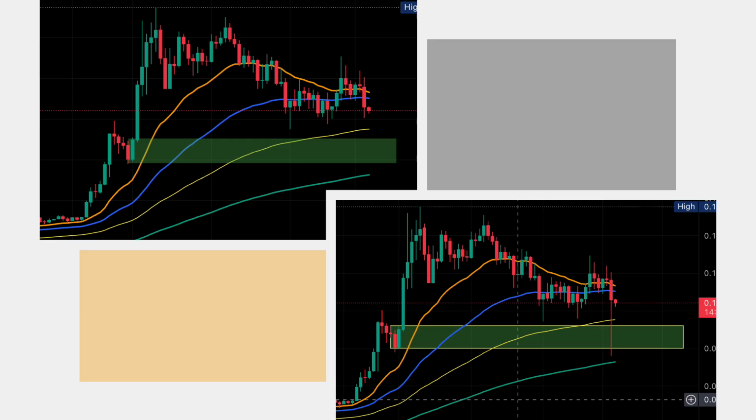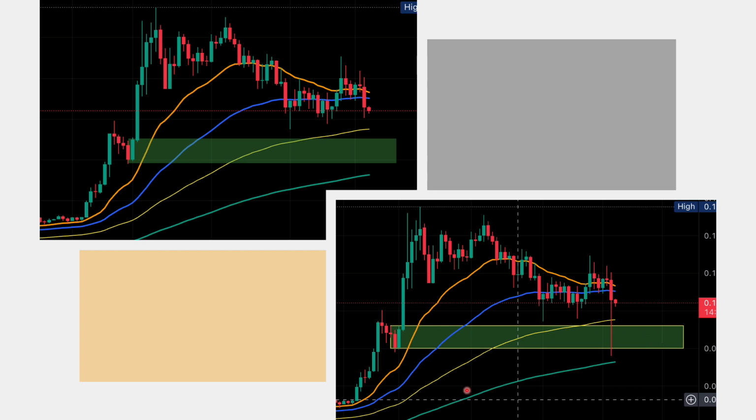This here is another illustration of why I prefer to use the closing price when we are discussing market structure. This here is the same asset. These two charts are the CASPA chart. One is the futures chart and one is the spot chart. And you can see that on the futures chart we have a wick going down. Where did this wick go to?